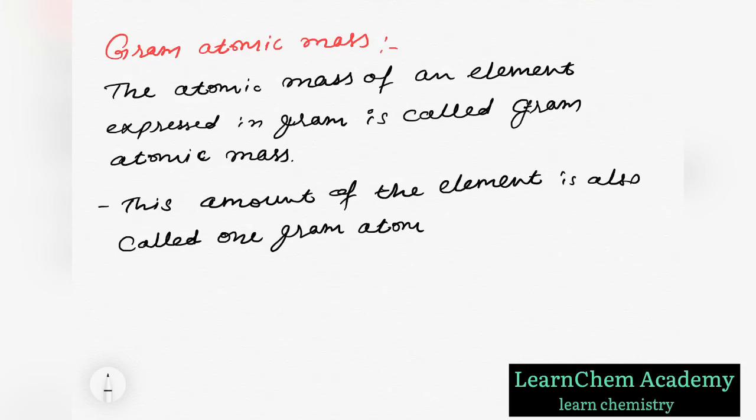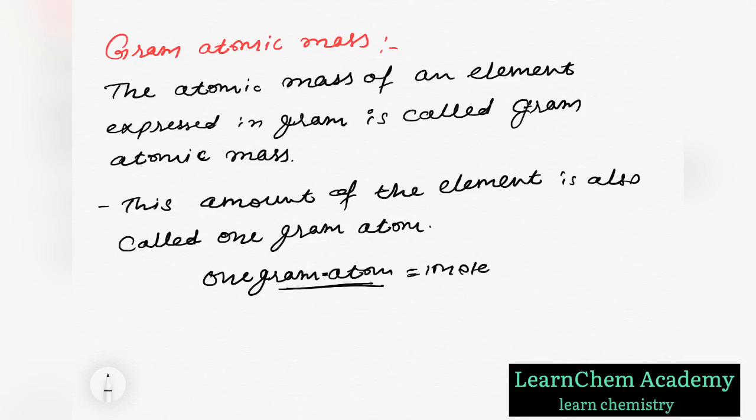Okay, so 1 gram atom. Whenever we use the term gram atom, gram atom is equal to mole. So 1 gram atom is equal to 1 mole.